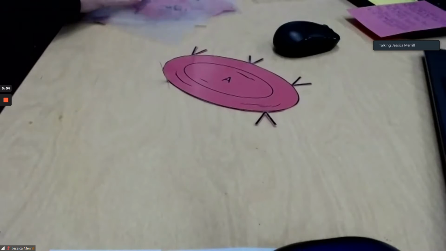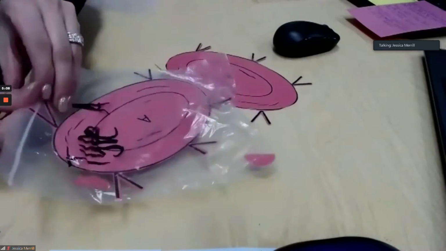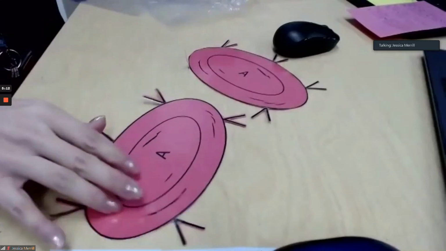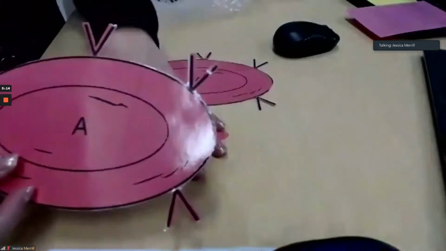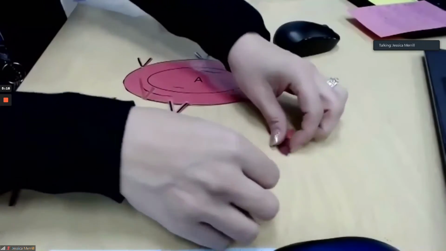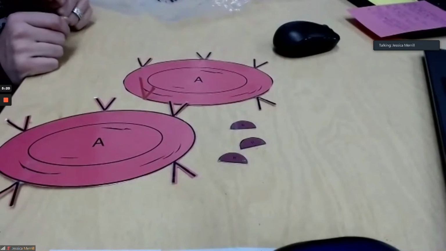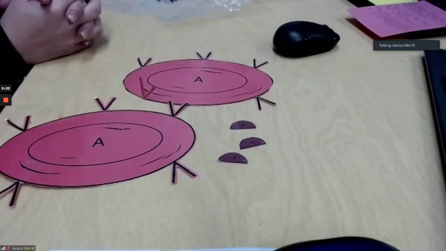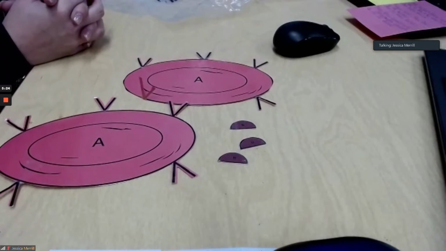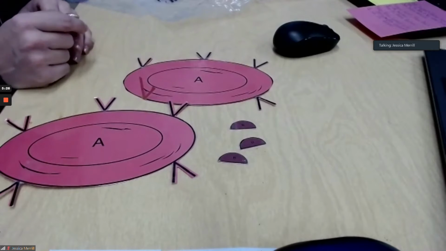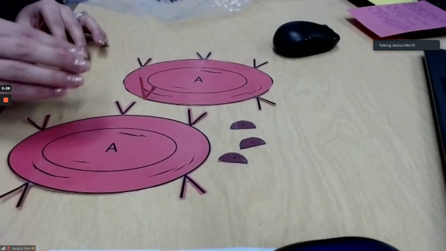And then our other type A would remove the whole bag. There we go. So we see again the red blood cell, and we notice that type A has B antibodies. Remember, that's opposite. This is something that you might already know, or maybe you need just a little reminder, that they go by opposites.